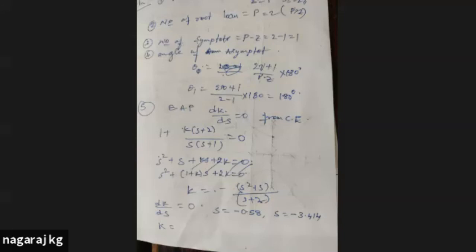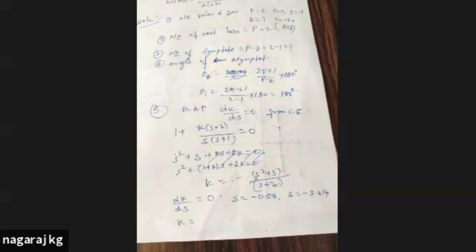I think you will get both positive values. Did you find the value of k? Just substitute the s value in the k equation as minus 0.58 once and s is equal to minus 3.414 another time.